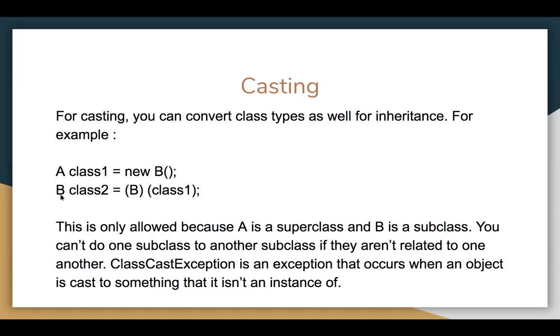So this next line, you can see here that I have B as a type this time, and then a variable name equals B class 1. So basically, if you remember how we were experimenting with casting back in Java 2, this is like casting.